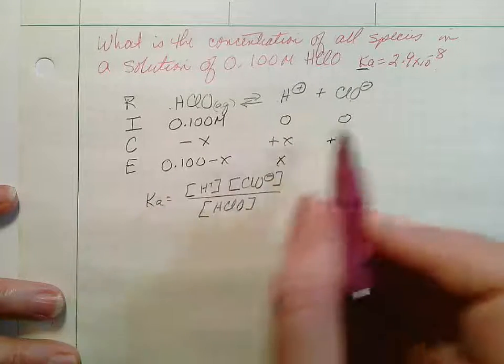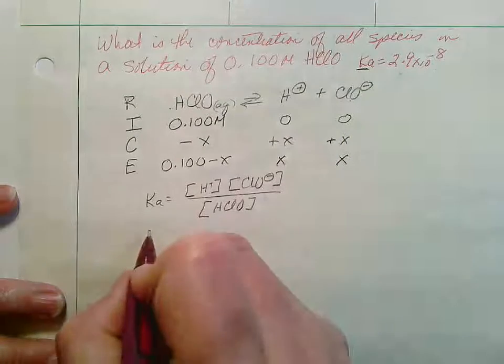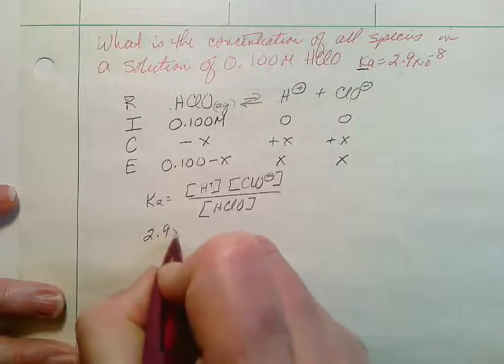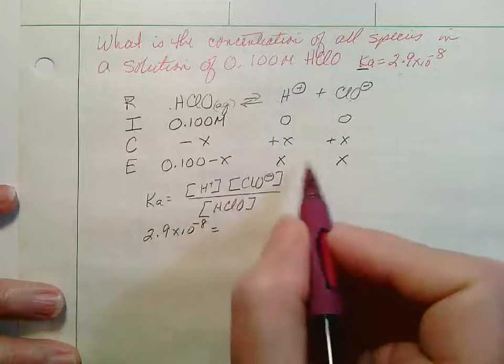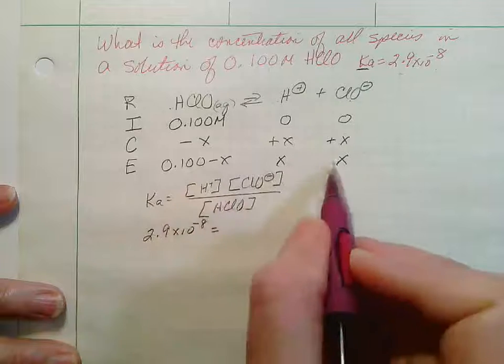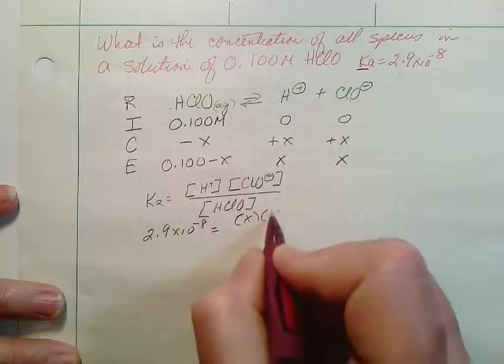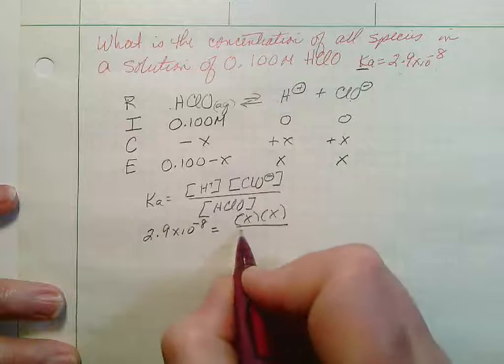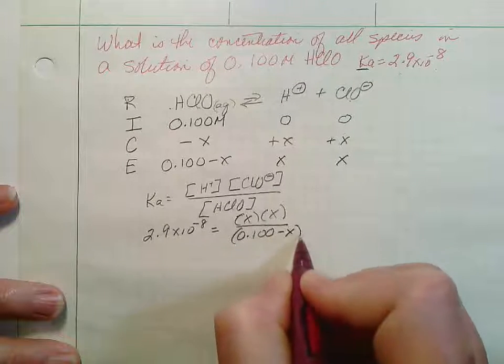And I know what this value is because it's either in the table or it's given to you. So 2.9 times 10 to the negative 8th equals, substituting this last line in, X times X divided by 0.100 minus X.